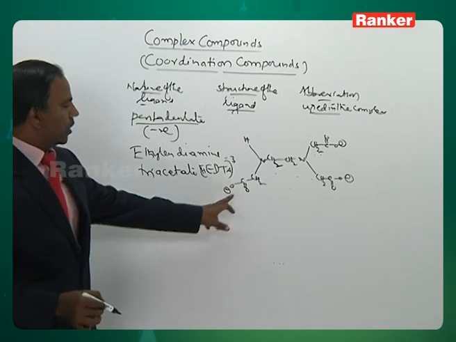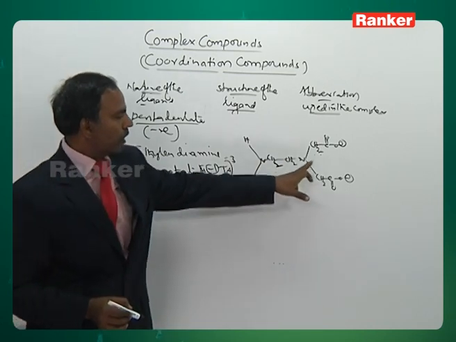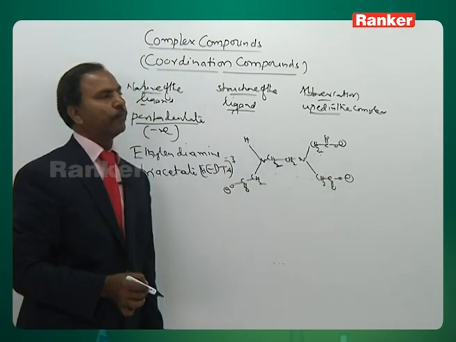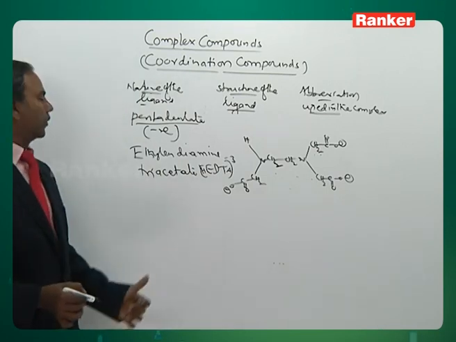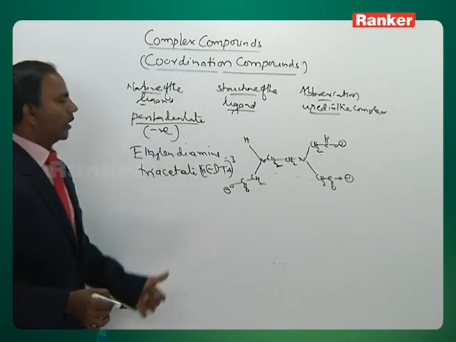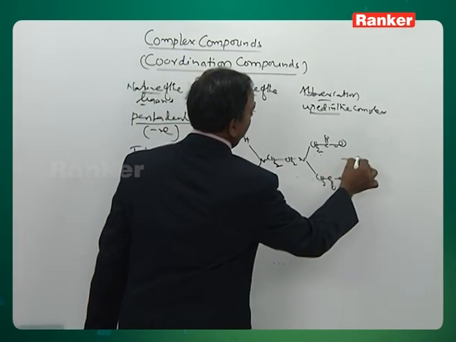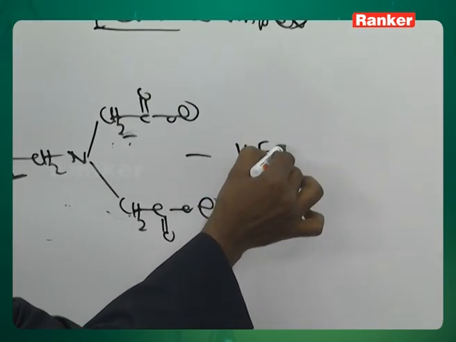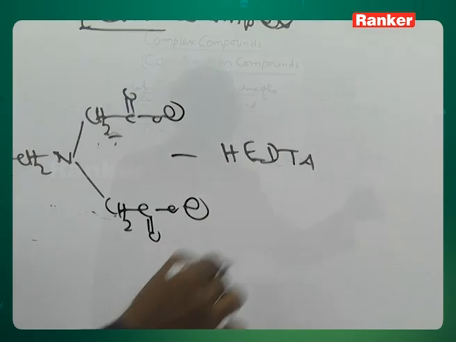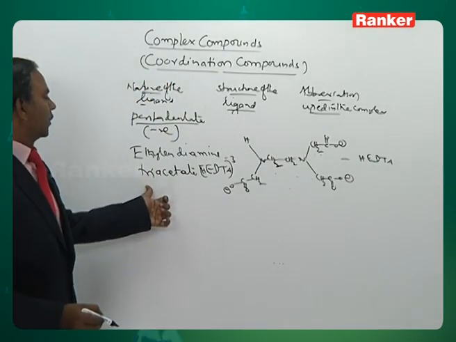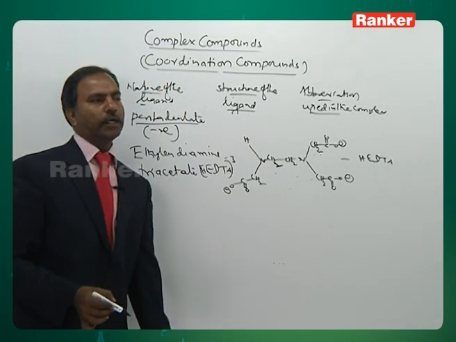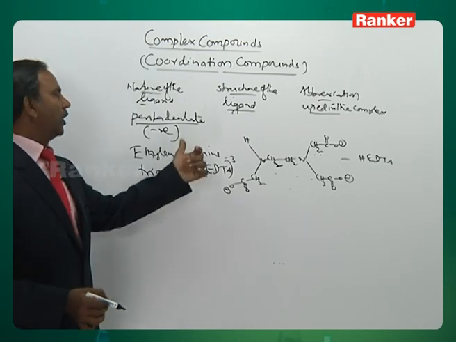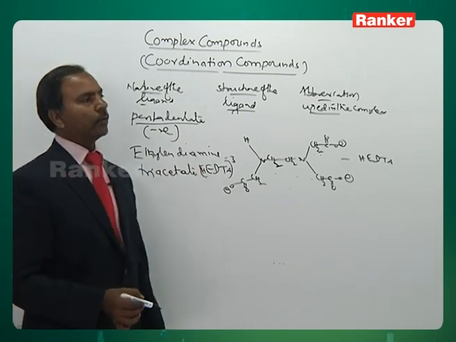See, first donor, second donor, third donor, fourth donor, fifth donor, so it is pentadentate negative. It is ethylene diamine triacetate, represented in the complex as HEDTA. It is the one very important ligand under pentadentate, you remember.